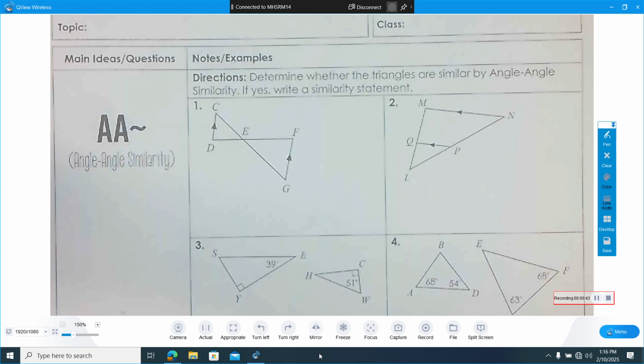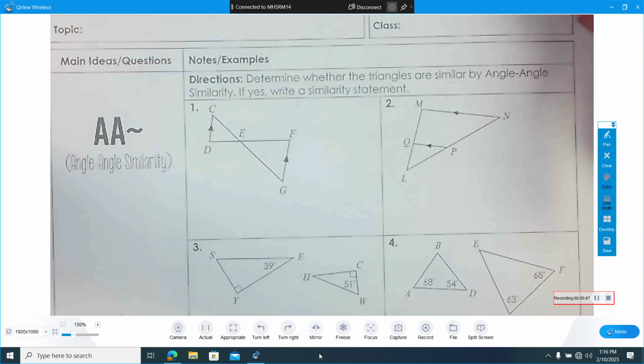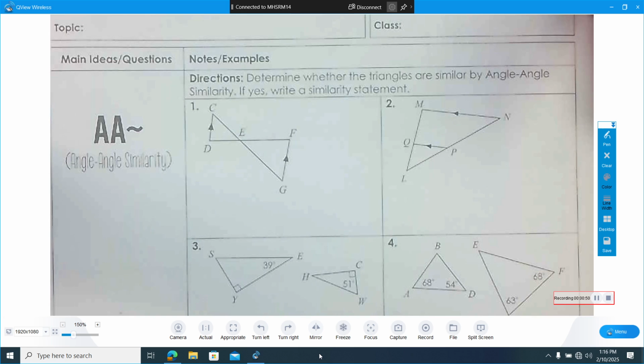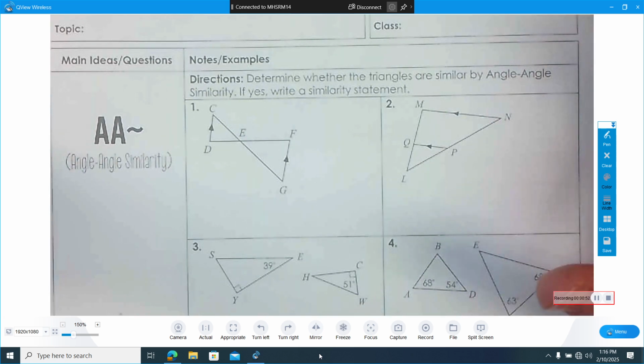So just like when we were proving triangles congruent, there were 6 things that we had to figure out, and then we learned there were shortcuts. So same thing here for triangle similarity. There's a few shortcut methods that we have to see if triangles are similar.